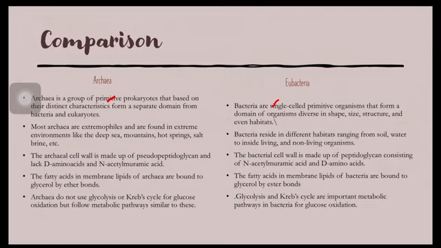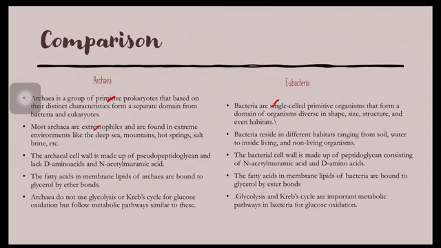The Archaebacteria are also called extremophiles because they are found in extreme environments like the deep sea and hot springs, but the normal bacteria are present in different habitats, either terrestrial, marine, or inside living and non-living organisms.